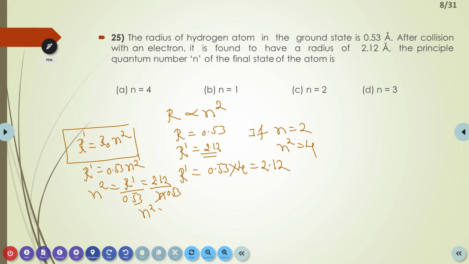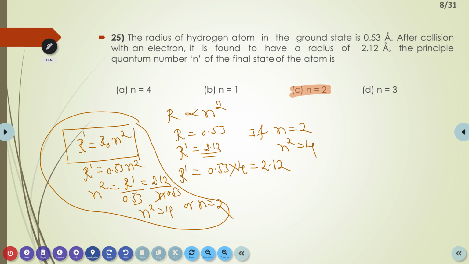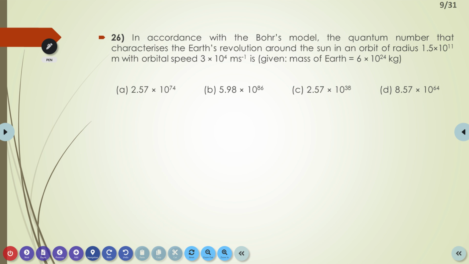This n square becomes 4, or n equals 2. Either you can use this method or the other one. So n equals 2 is the right choice. Okay. Next.